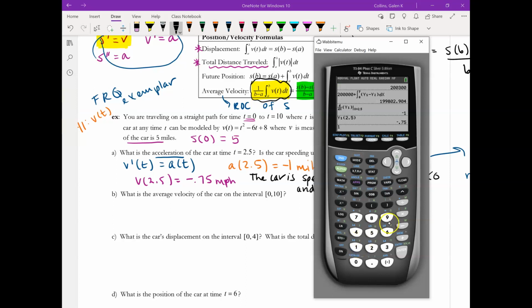The calculator knows the order of operation, so it will do 1/10. And then we want to do times, and then I want my definite integral, so math 9, and then I'm going to type it in. So from 0 to 10, and then again, my function is stored in y1.